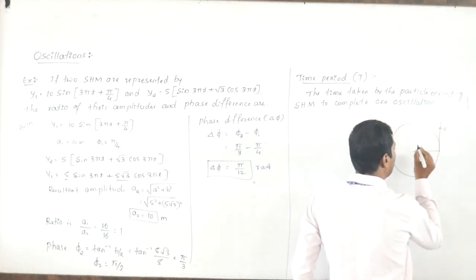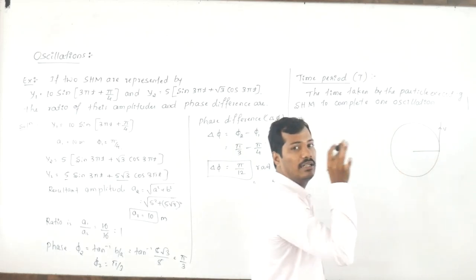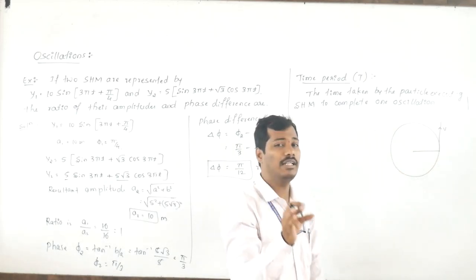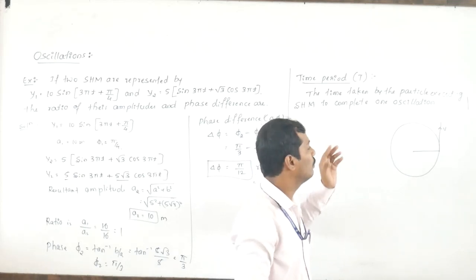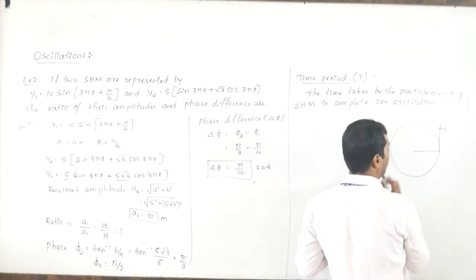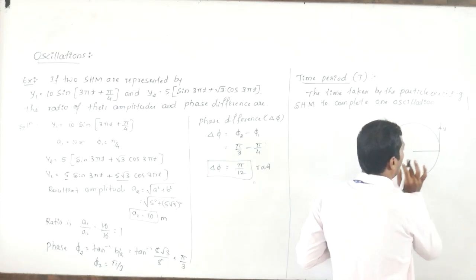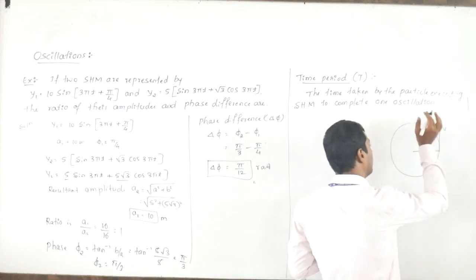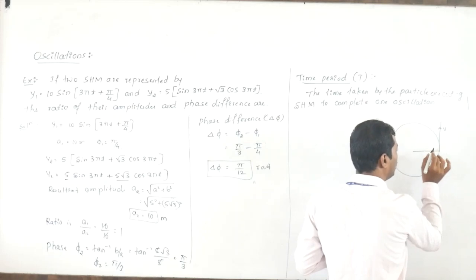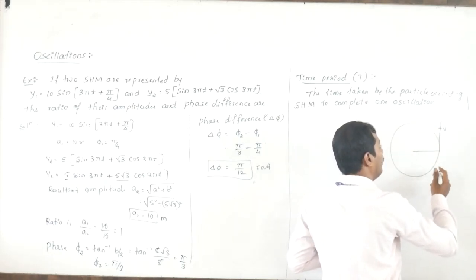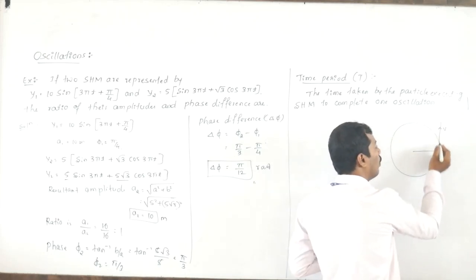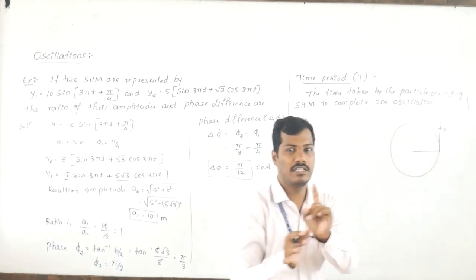It is continuously covering a certain distance, but the acceleration is always constant at the center. If it completes one revolution or one oscillation, its displacement is 0.